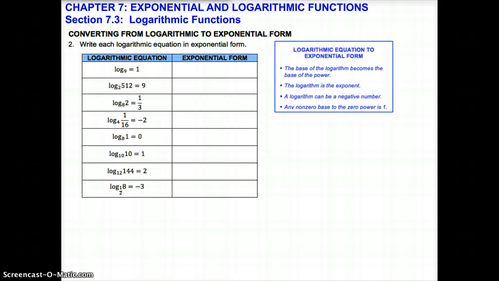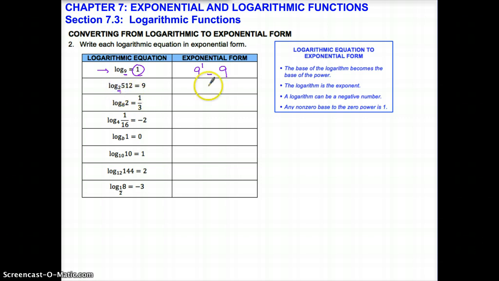Okay, here with this table, we're going to look at when we're given something in logarithmic form and we want to rewrite that in exponential. So once again, since they're both saying exactly the same thing, here we know that a logarithm is just an exponent. And here's the base of our logarithm. So we're saying 9 raised to the 1st power will give us the number that we're looking for.